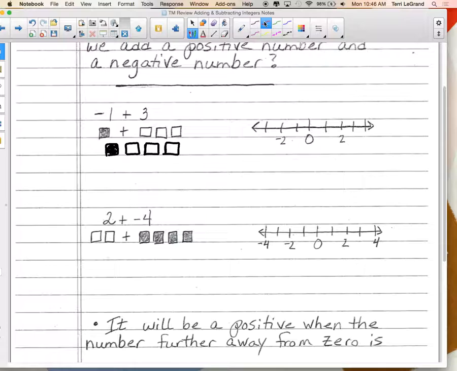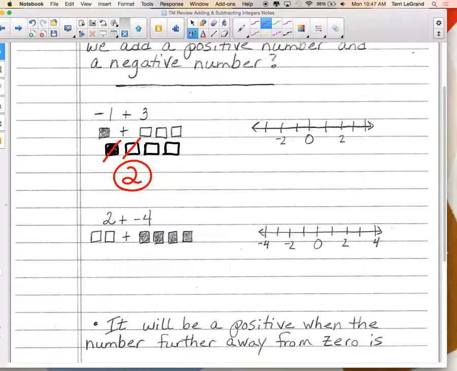Okay, so you're telling me there's a 0 pair or more? Okay. So a 0 pair is a shaded one with an unshaded one. Any other 0 pairs? No? Okay, so what's the sum of these 2 numbers then? Positive 2, because we have 2 tiles left that are not shaded.